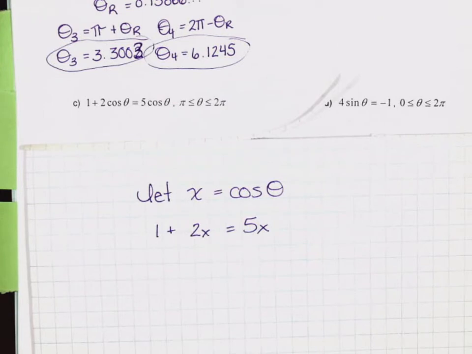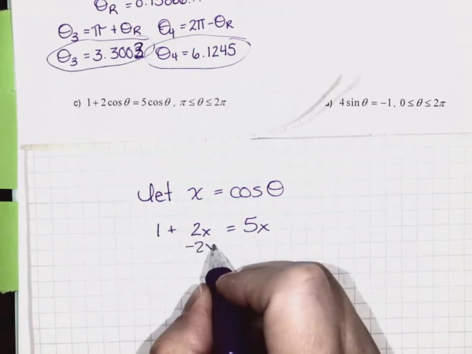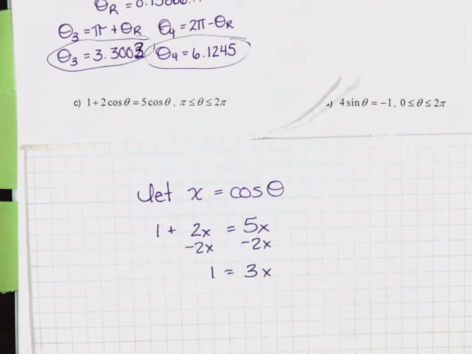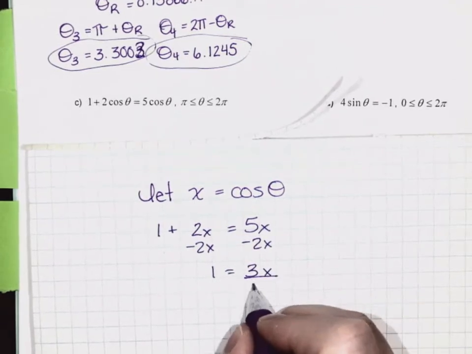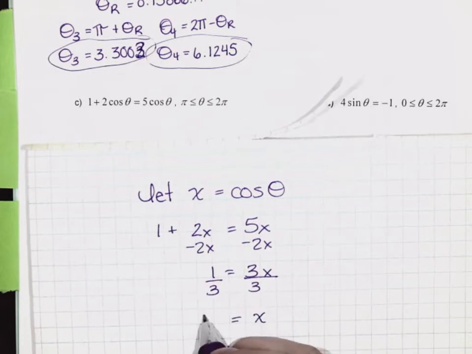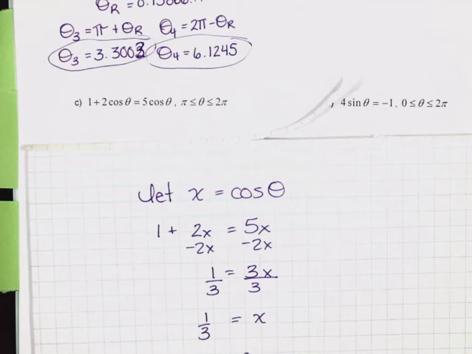So what am I going to do here? I'm going to subtract 2x from both sides. 1 equals 3x. Divide by 3. X is equal to 1/3. So cos theta is equal to 1/3.